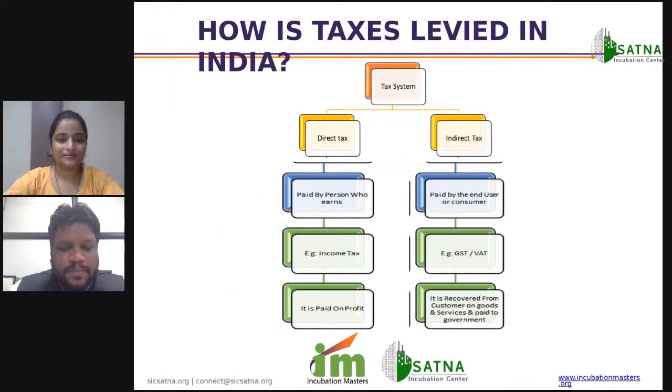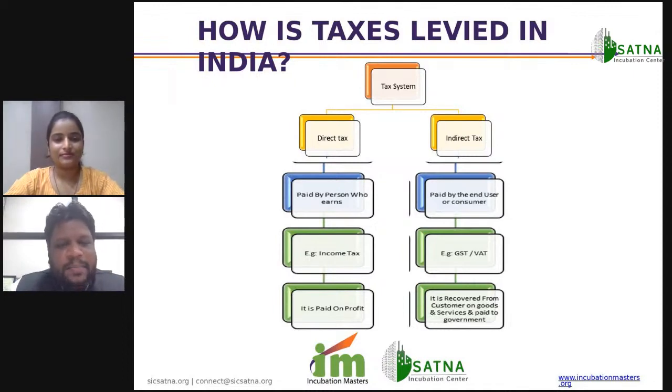Here are some small PPT slides on how the tax system works. One side is direct tax and the other side is indirect tax. Direct tax, as I told, is paid by the person who is earning. On the other side, indirect tax is paid by the end user or consumer who is using the product or services.